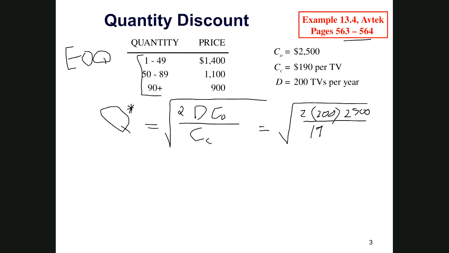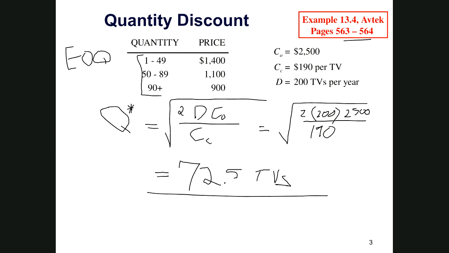When we do that arithmetic, we learn that it's 72.5 televisions. And that's Q star. So now, where does 72.5 televisions fall within this ordering range? Of course, it falls here, between 50 and 89.